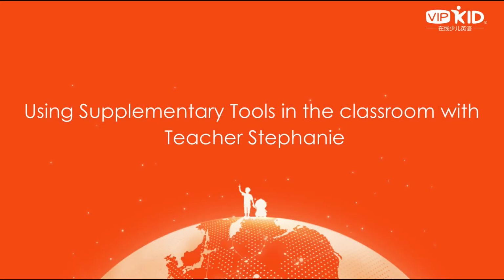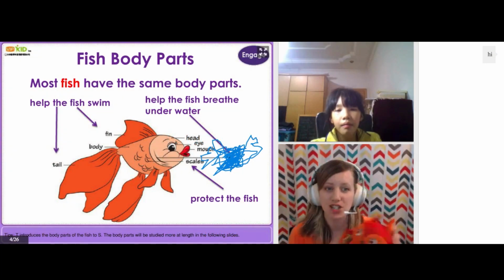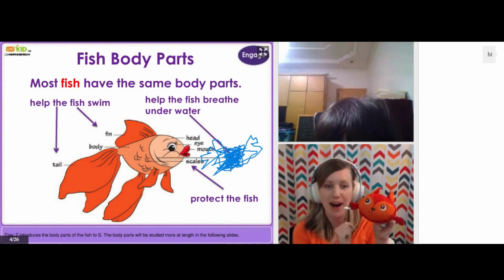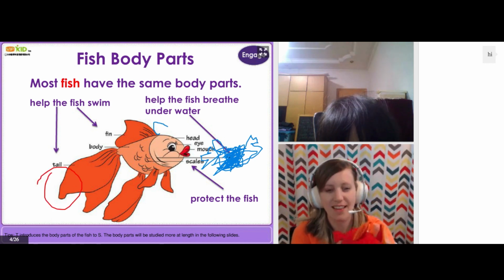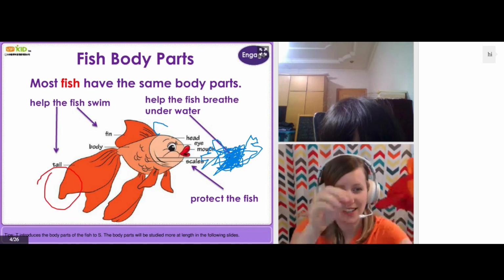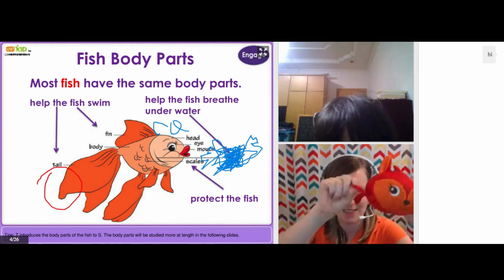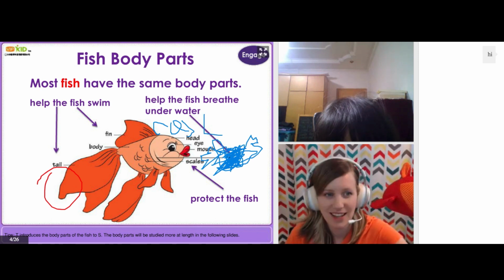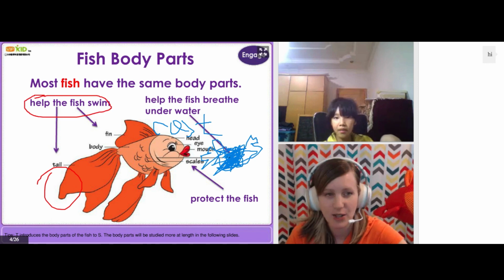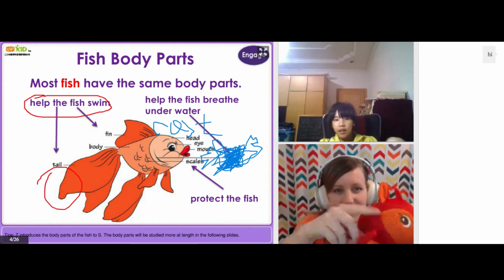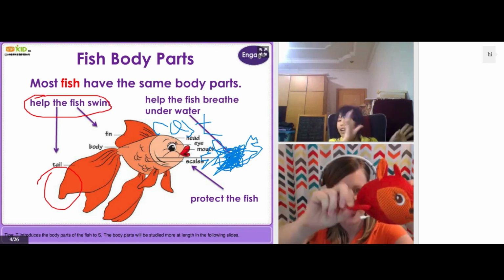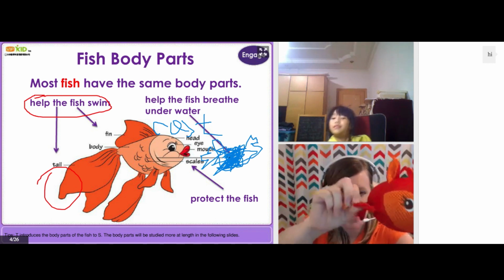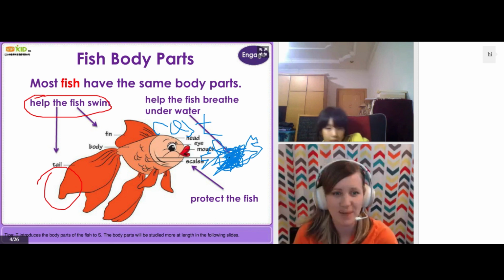So, Jenny, most fish have the same body parts. Yeah, tail, fin. What do they do? Can you read this? Very good. Help the fish swim.